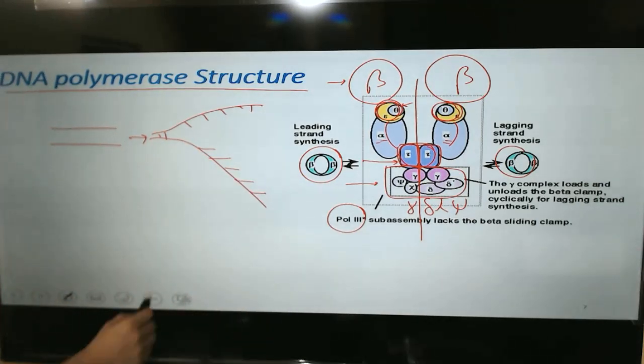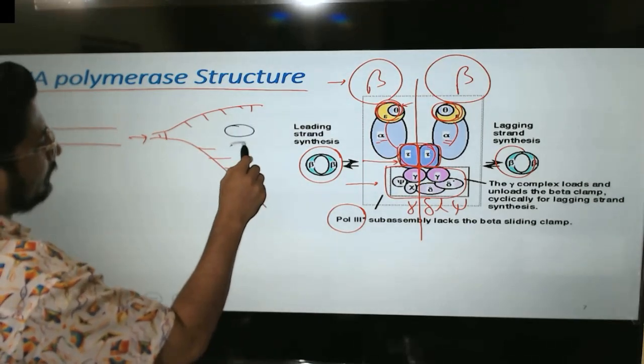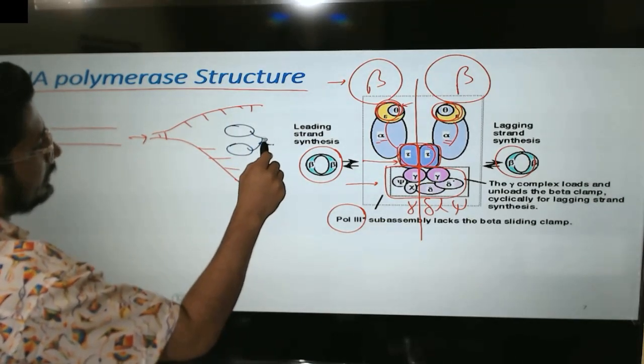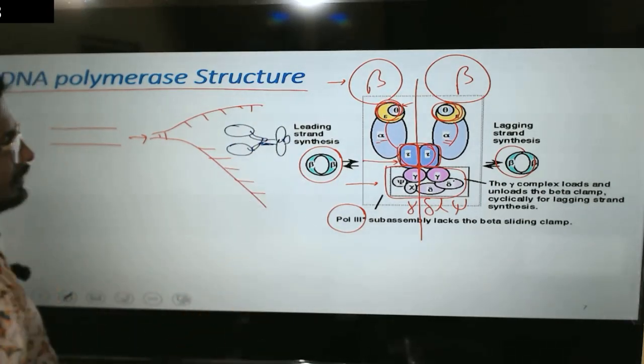Once it's separated, the polymerase will load itself. So let's say these are the polymerase alpha units connected by tau, the body, and this is the loader.